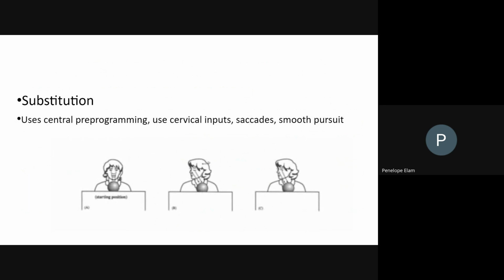Another aspect of vestibular rehab would be substitution or compensation. This is where we're going to use central pre-programming. We might use cervical input, saccades, smooth pursuit. We're going to teach them how to use something else other than the traditional VOR to help substitute and maintain their gaze stability. You may not have heard of it yet, and I don't know if you've done it in ortho, but you'll hear about cervicogenic dizziness.